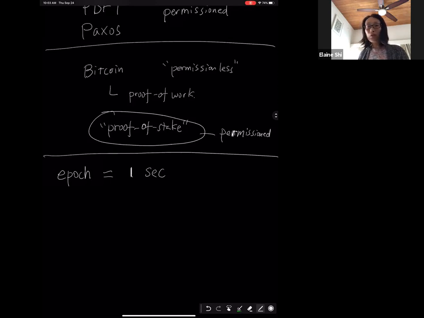So the protocol is going to guarantee liveness when network conditions are good. What does it mean for network conditions to be good? If the honest players can talk to each other and make a round trip within 1 second, which is also the epoch length, then at that moment we start to make progress. That's why there's this parameter. It essentially defines when the protocol can make progress.